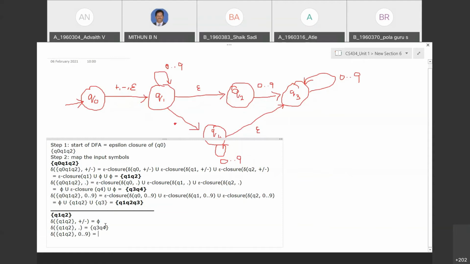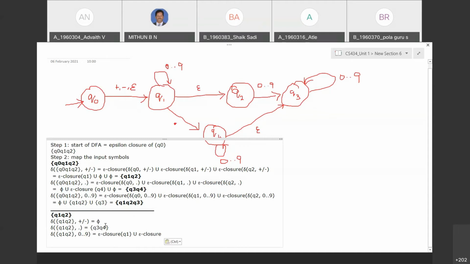So we should obtain epsilon closure of Q1 with 0 to 9, which is Q1 itself, union Q2 with 0 to 9, which is Q3.